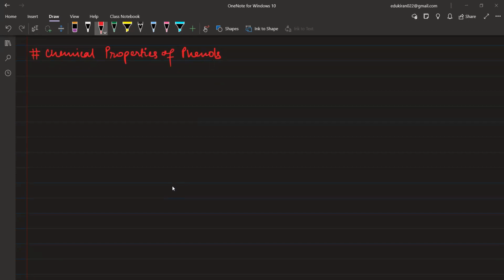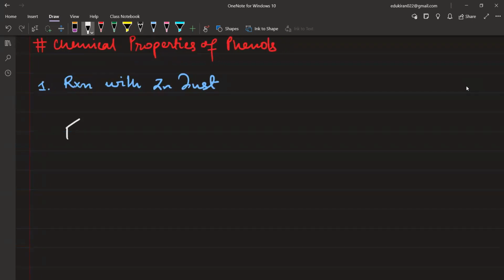Okay. So write number 1 reaction: reaction with zinc dust. All of these are very important reactions, simple reactions, but these are important.